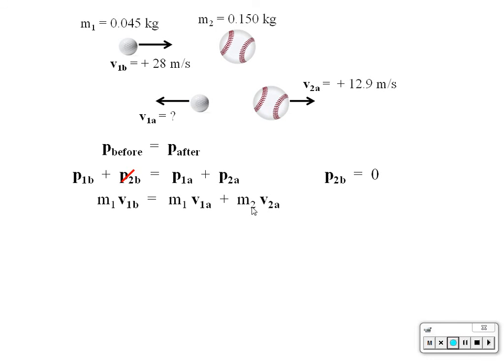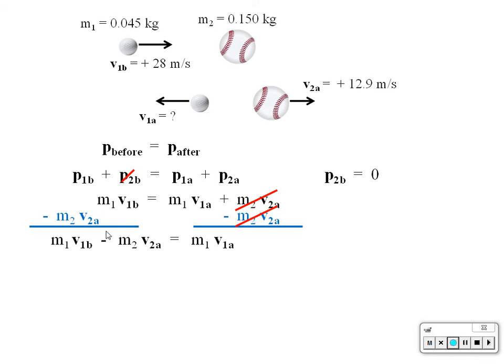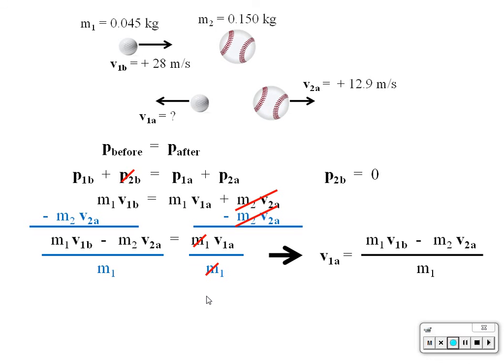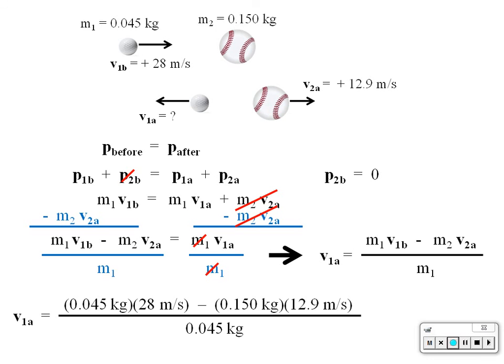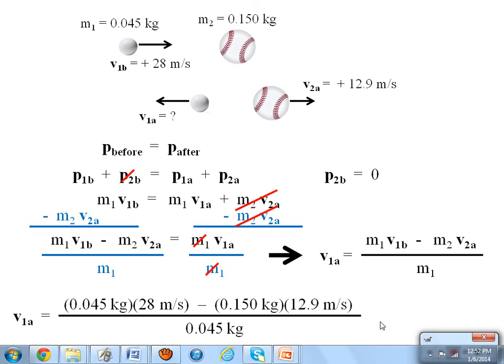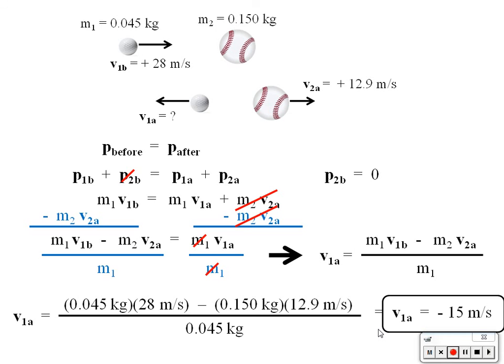Let's get rid of this, subtract it out: m1 v1b minus m2 v2a equals this. Divide. Put your numbers in. Careful to put them in the correct place. And your answer ends up being, as you might expect, negative 15 meters per second.